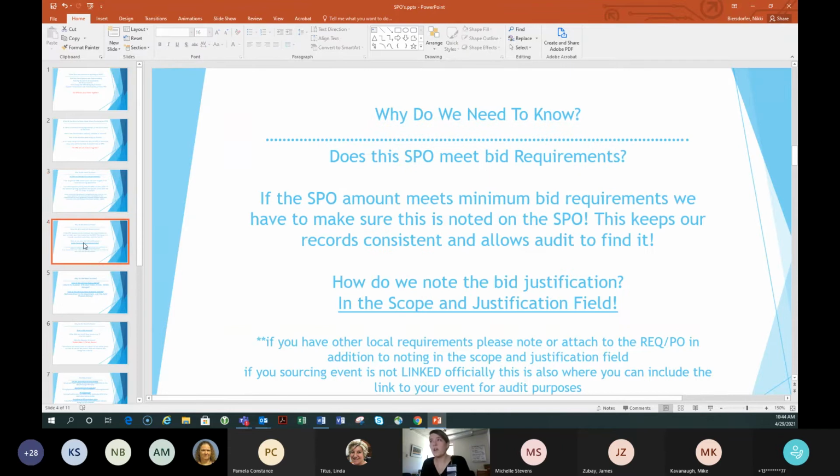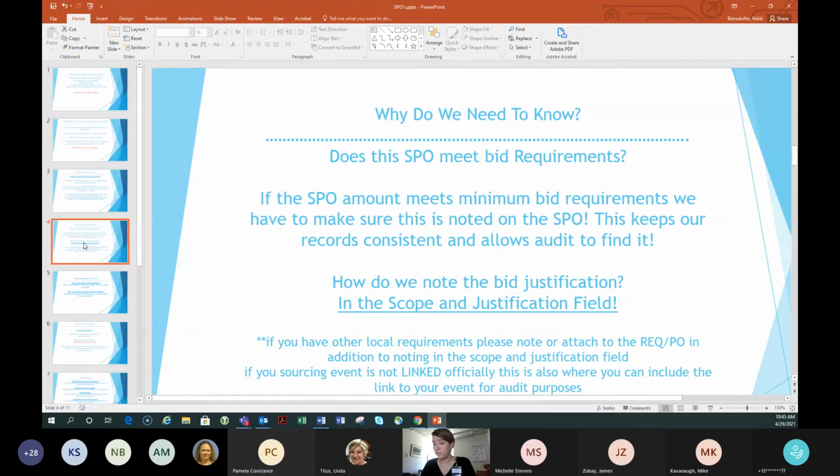So why do we need to know? Does the SPO meet bid requirements? Well, because we all have internal controls and we all have processes in place and we all have bid requirements. So if your SPO falls into the area of a bid requirement, your SPO must contain the bid information. Was this bid out? When was it bid out?